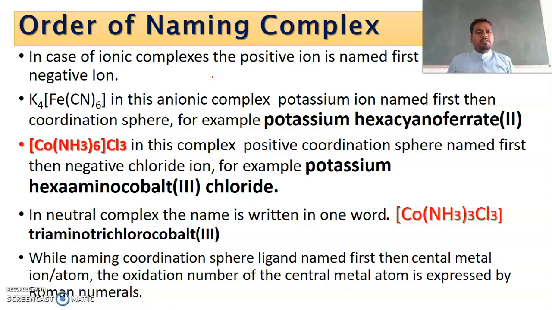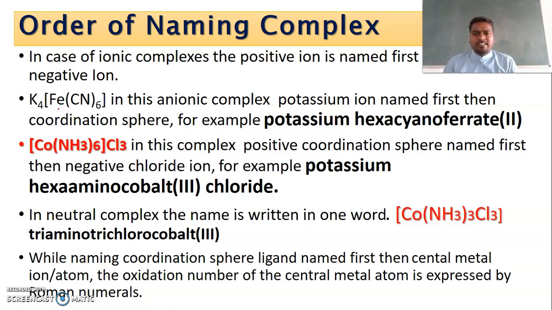An ionic complex contains a coordination sphere and a counter ion. Either the counter ion is positive and the coordination sphere is negative, or the coordination sphere is positive and the counter ion is negative. Both possibilities are there. In both cases, we write the positive part first, whether it is the counter ion or the coordination sphere, and the negative part next.